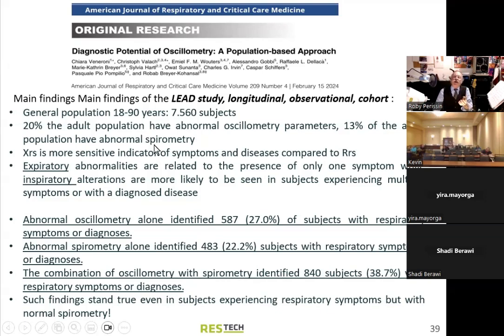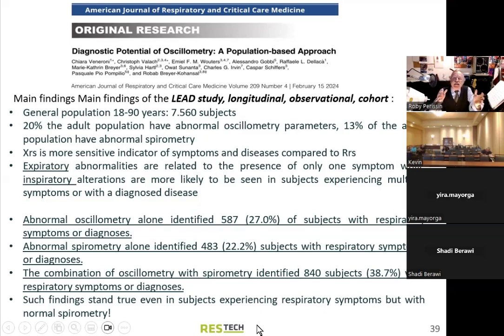20% of the adult population have an abnormal oscillometry, when 13% have abnormal spirometry. So you detect more patients that have symptoms. That's very interesting, because a patient with symptoms and a normal spirometry can be an asthmatic.